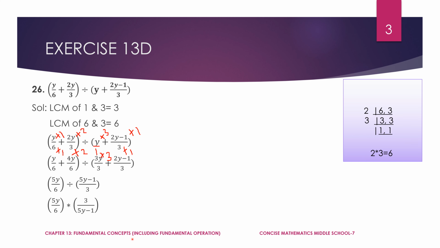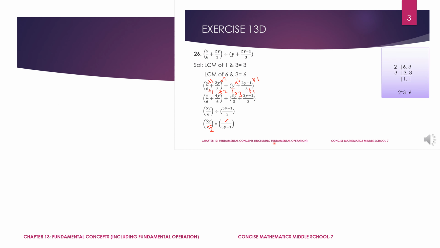Now, can any cancellation be done? Yes. 3 1s are 3, 3 2s are 6. No other integers can be cancelled. Right? So write down as it is. I have cancelled there itself. This is what I have said over there.